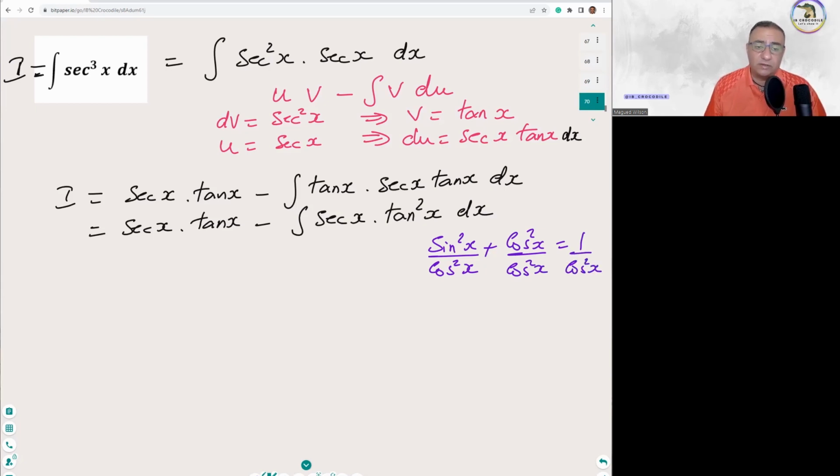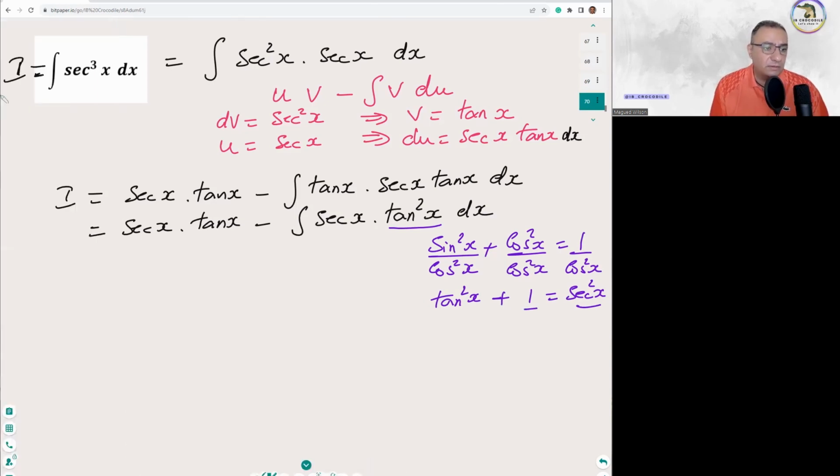Sine over cosine, that is tan squared x, plus 1 equals 1 over cosine squared. The reciprocal of cosine is secant, so I have secant squared x. That implies that tan squared x can be secant squared x minus 1. So let me try that.